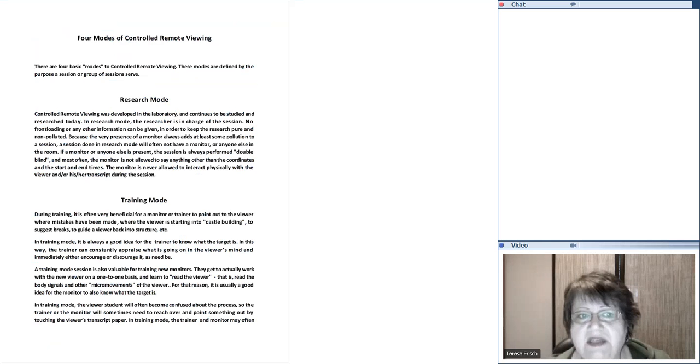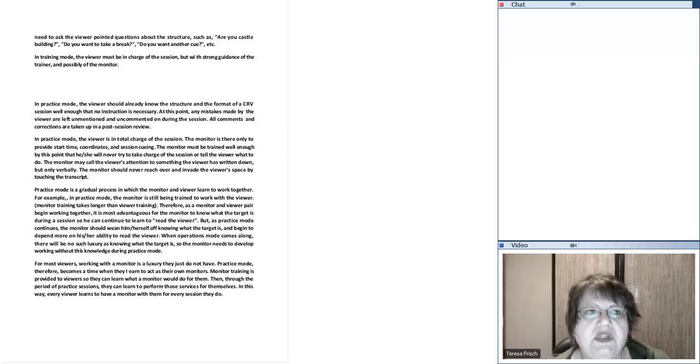There are 4 basic modes to control remote viewing. These modes are defined by purpose or group of sessions that they serve. I don't necessarily want to read these verbatim. This can be found on Lynn's website in the terminology part, and they are really very helpful insofar as each thing that you're doing, whether it's research or training or practice or operations, has its own set of rules and parameters.